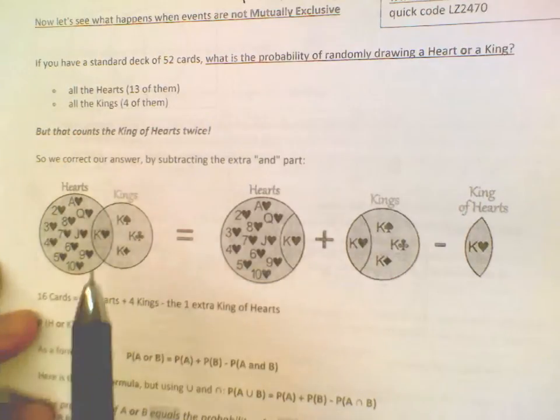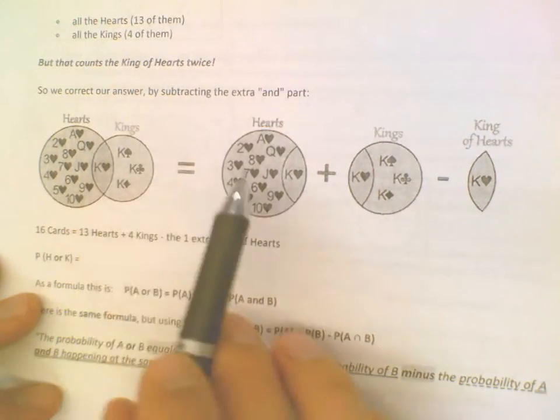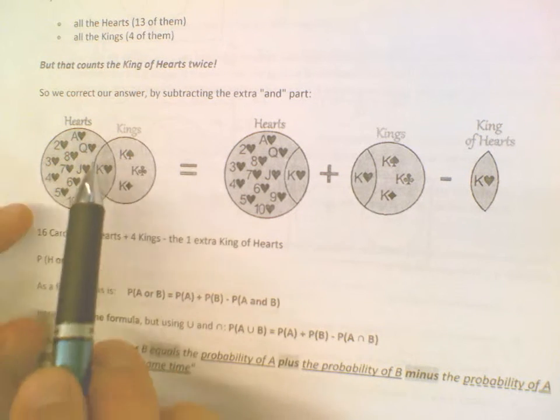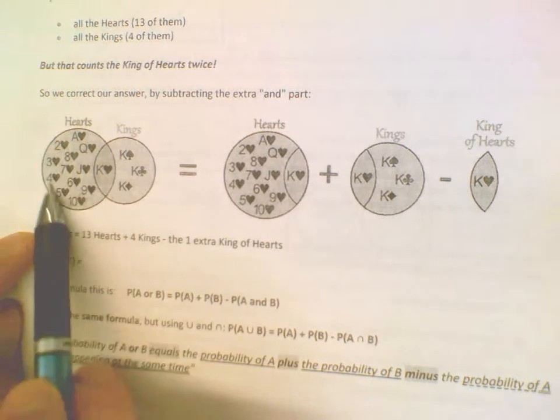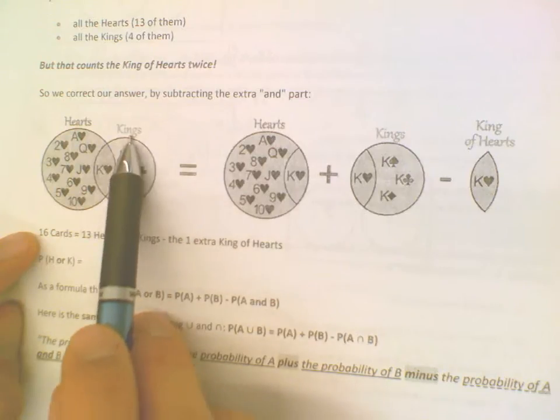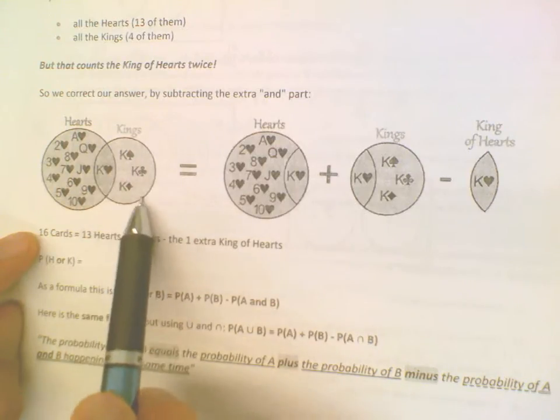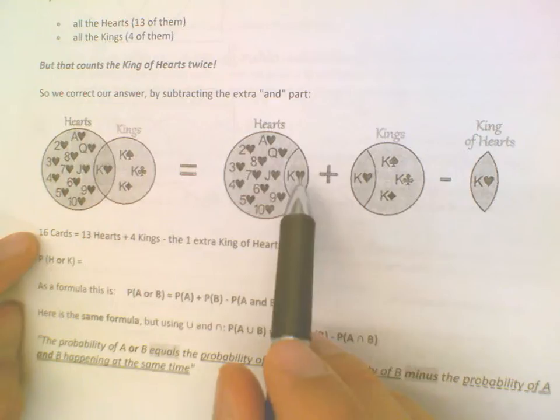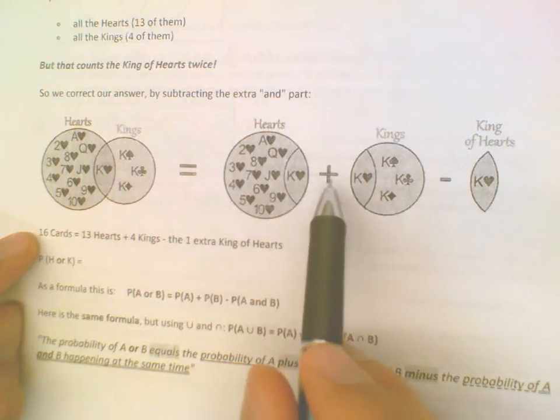All right? So if you're looking at the Venn diagram and you added up all the hearts, that'd be 13 of them, right? And then you would add up 4 of the kings. You see how you add this king of hearts 2 times?